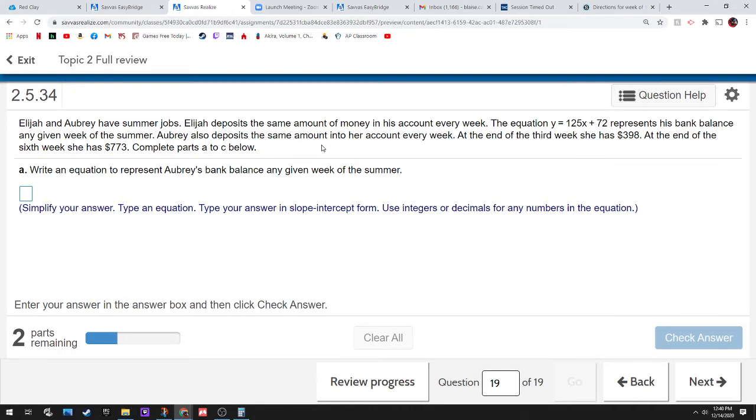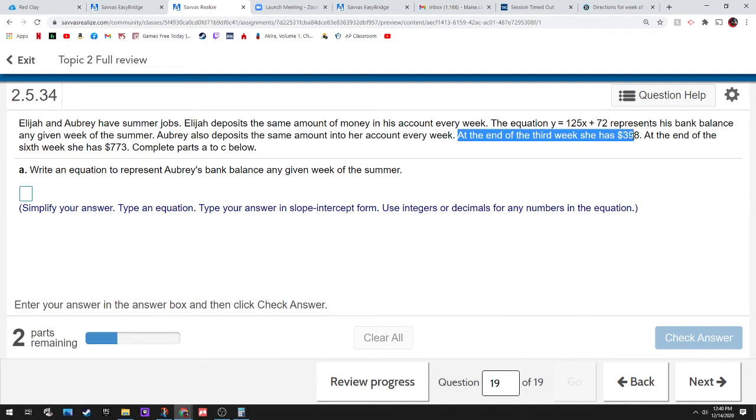Aubrey also deposits the same amount into her account every week. So which of these numbers do you think is how much he deposits every week? If he's doing it every week, it's over and over and over again. That's our slope. So he deposits 125 every week. Aubrey's also depositing the same amount, so she's also depositing 125 every week.